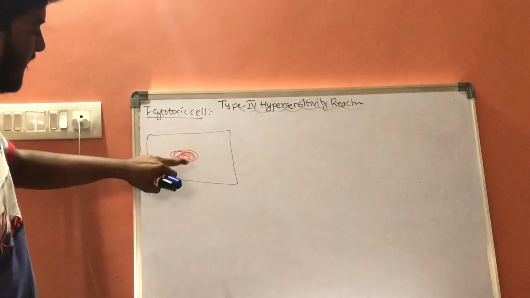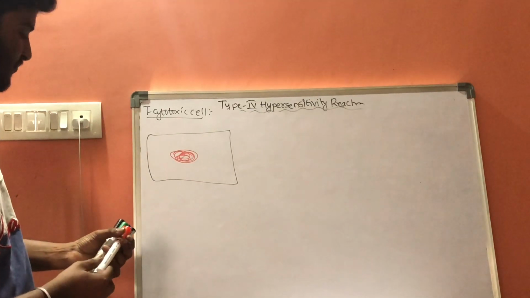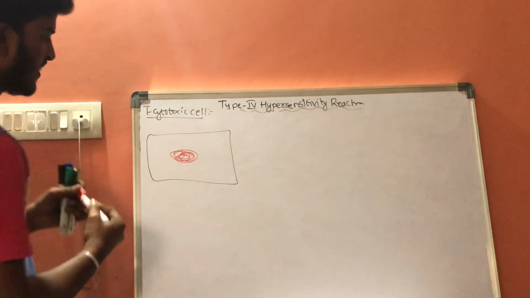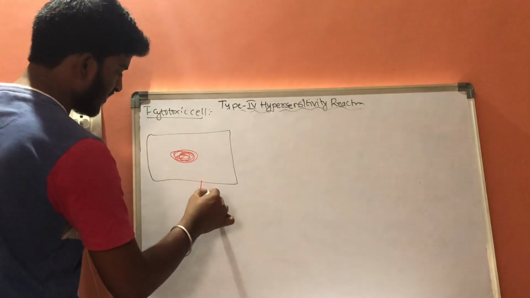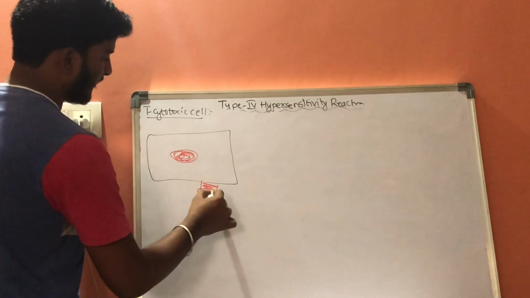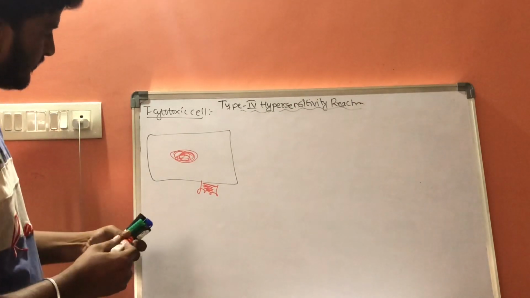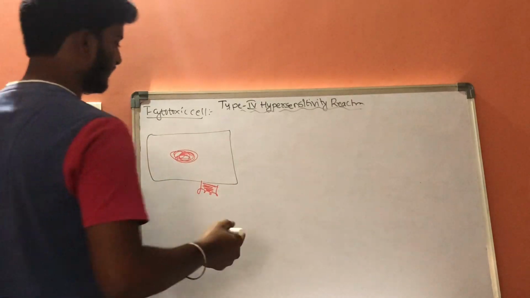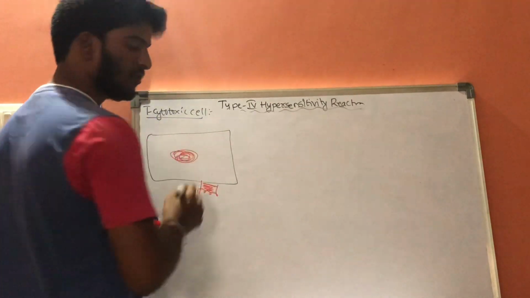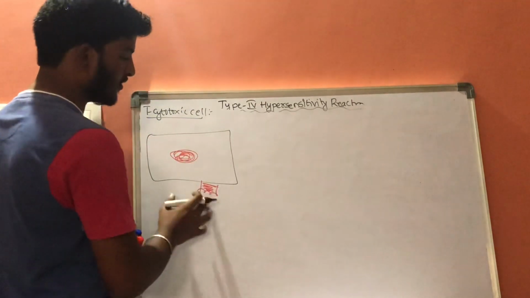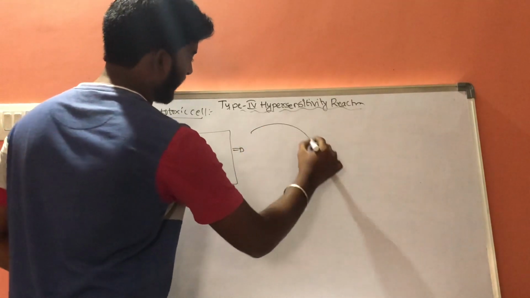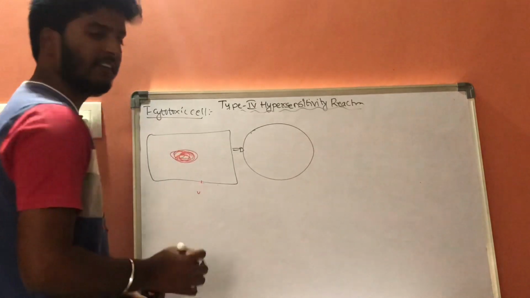Now this TB antigen will get exposed on the surface. Before exposing to the surface, it will activate the macrophages.